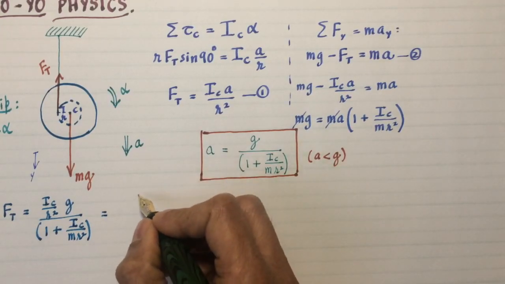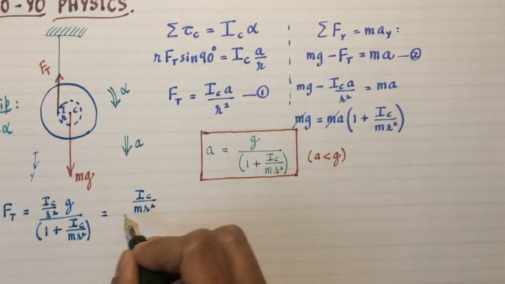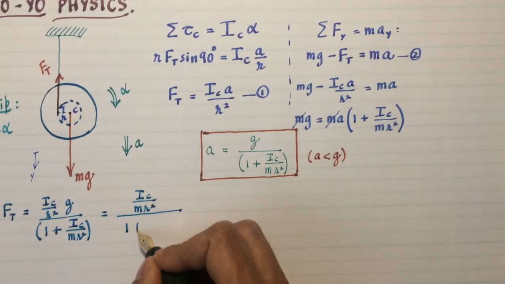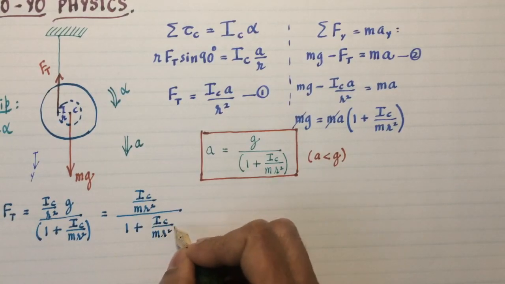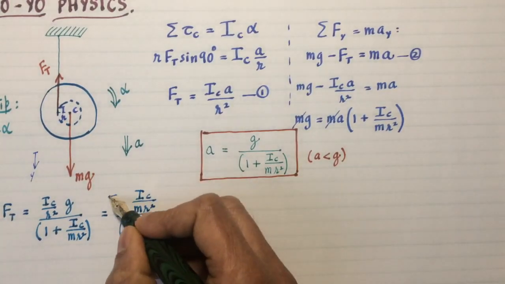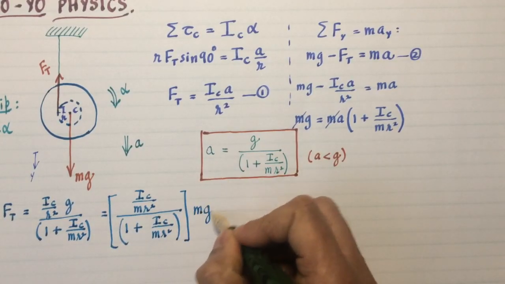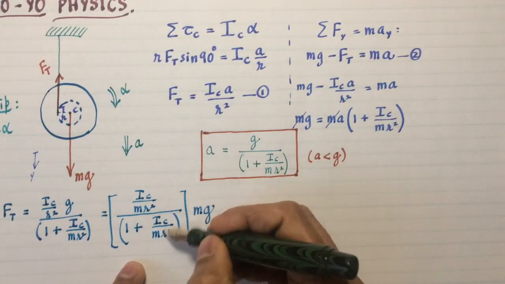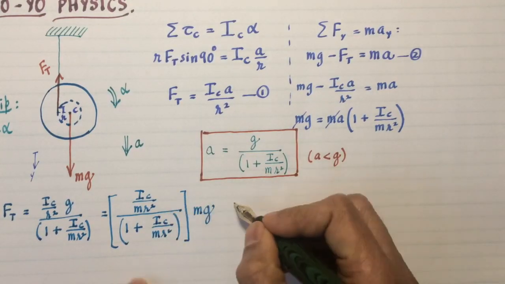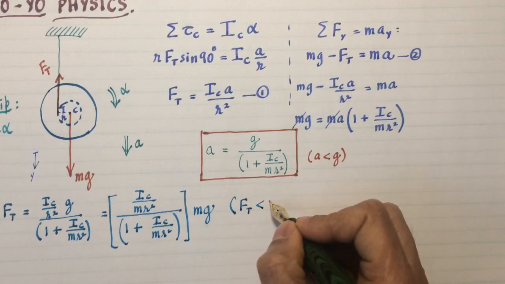So I'll write this as I_c over m r squared divided by 1 plus I_c over m r squared times mg. The reason I wrote it like this is to show you that it's less than mg, because this quantity is certainly less than 1. So this proves that f_t is less than mg.